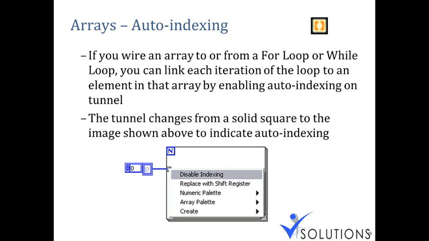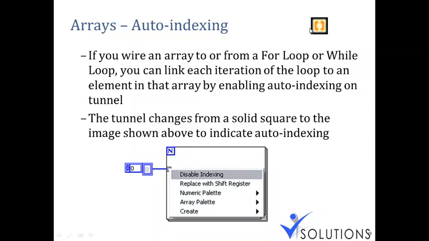Even now we are going to use a tunnel, but this is a totally different type of tunnel. We are going to use an auto-indexed tunnel. A tunnel which has the auto-indexing option enabled will allow you to use an array along with your loop. This can be a for loop or a while loop.